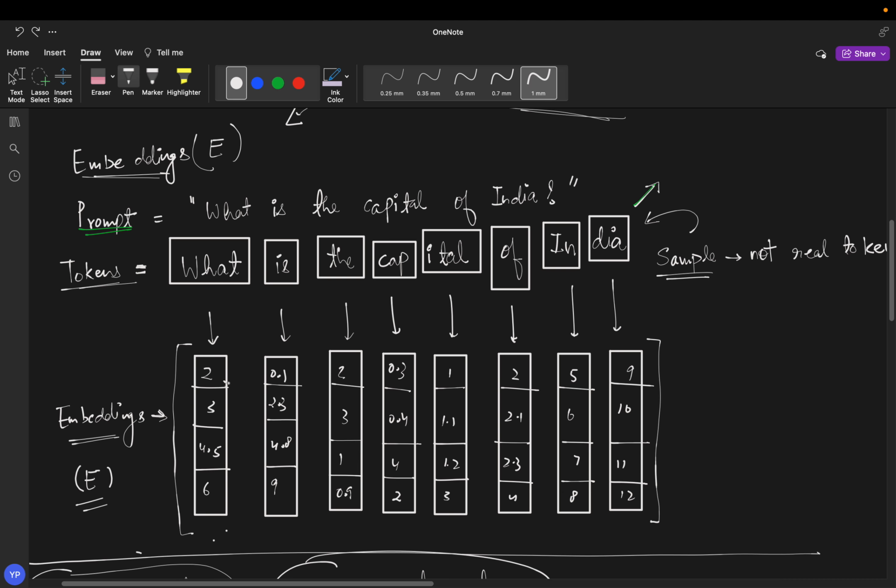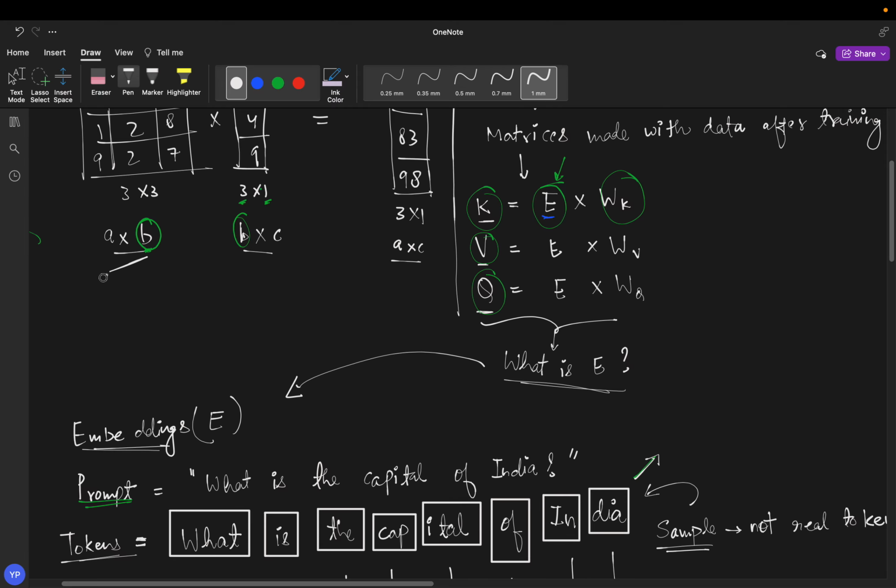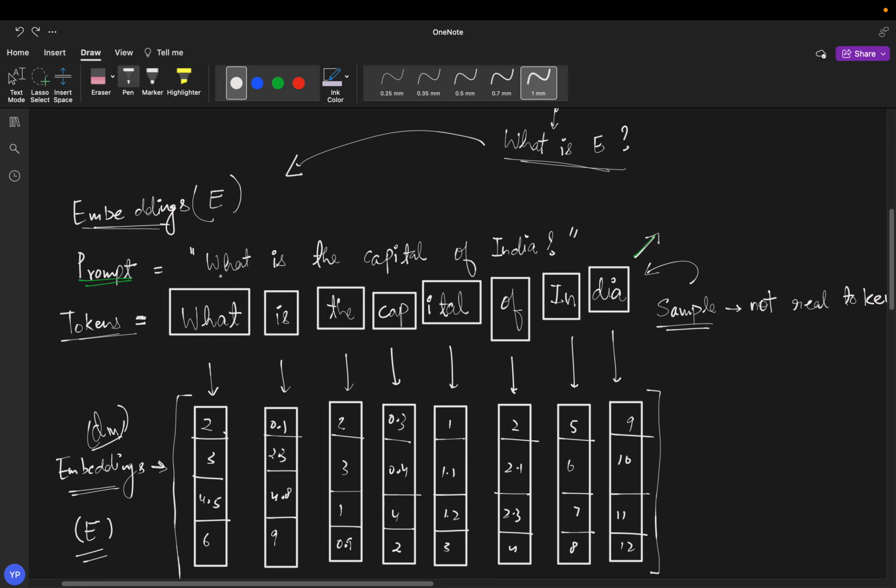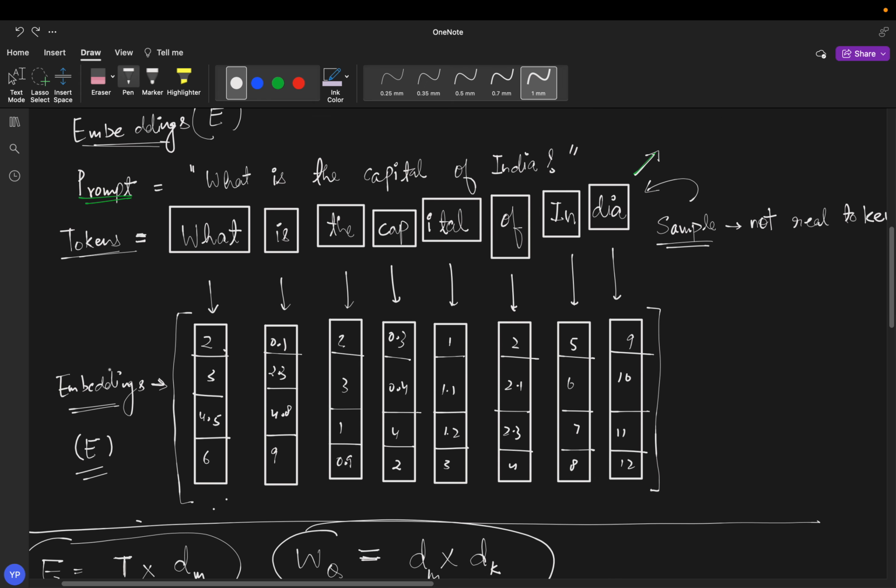After this representation is made, we have the dimension of this particular vector, the number of columns here, as dm. Okay, we'll call it dm. Here we'll need some matrix multiplication and the usage of this A cross B and B cross C.